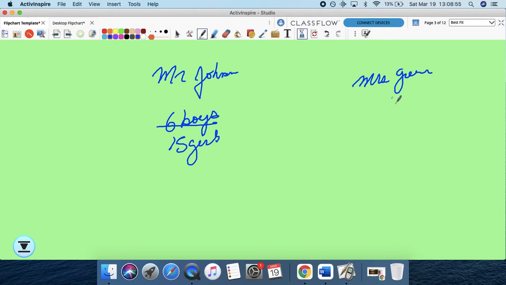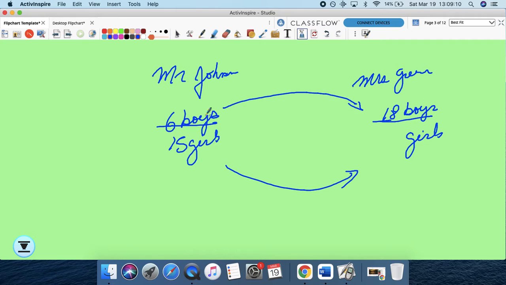In Mrs. Green's class, there are 18 boys. And we don't know how many girls, but we know they are proportional. Well, if they're proportional, that has to be the same, right? So 6 times what is 18? Times 3. So therefore, this has to be the 3, and we get 15 times 3, 45 girls.